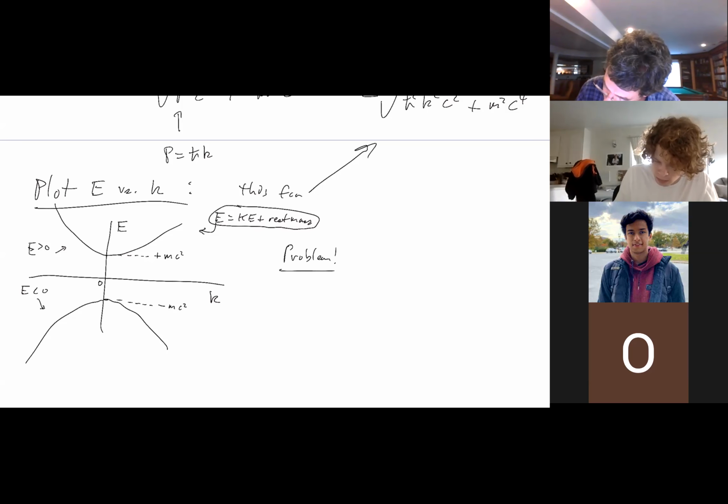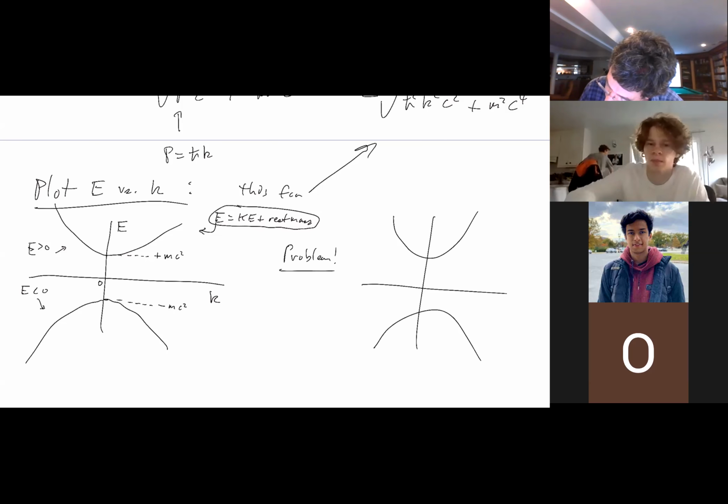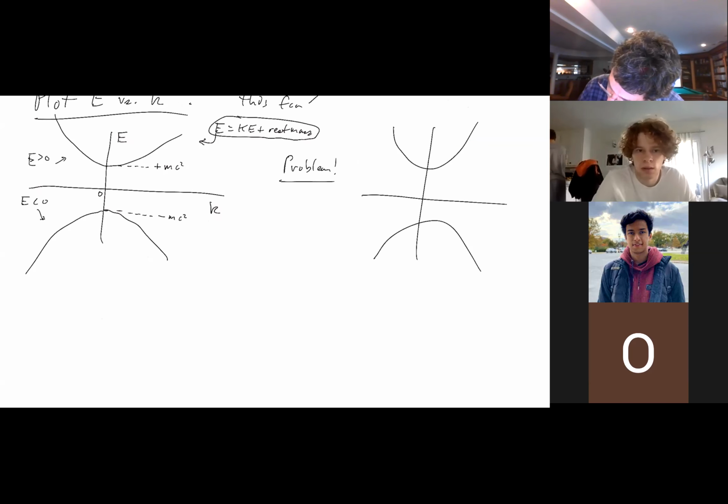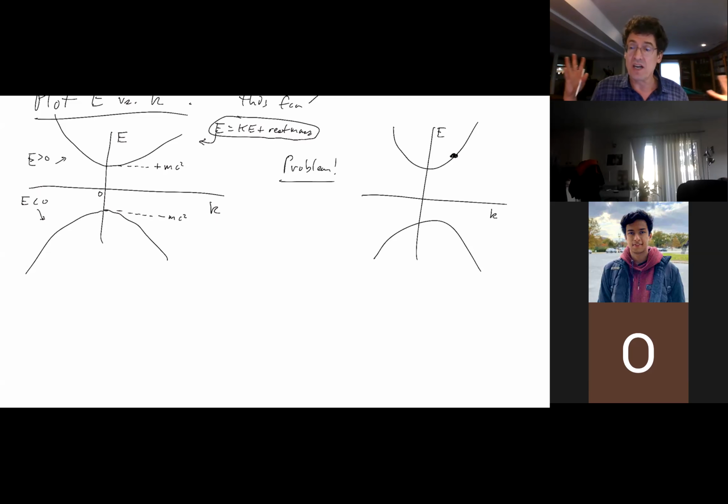What's the problem? The problem is this. If I put a particle into a positive energy solution, this is E, this is K. Suppose I have a particle occupying that state right here. Now, that's an eigenstate. It's a stationary solution. So will that particle change in time?